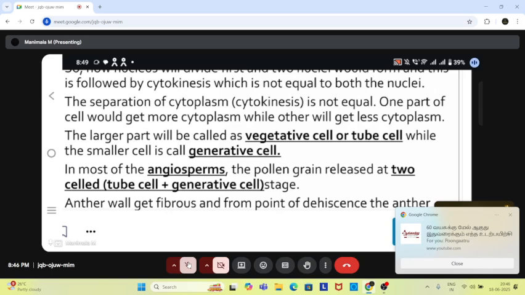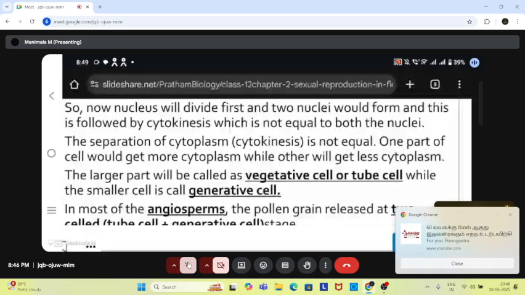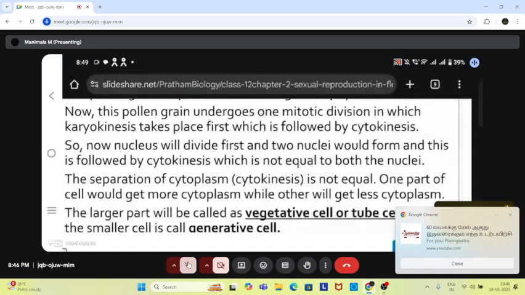As I already told, the pollen grain undergoes one mitotic division, in which first karyokinesis takes place, followed by cytokinesis. First the nucleus divides, followed by the cytoplasm. This division is unequal, so the daughter cells formed are not equal.